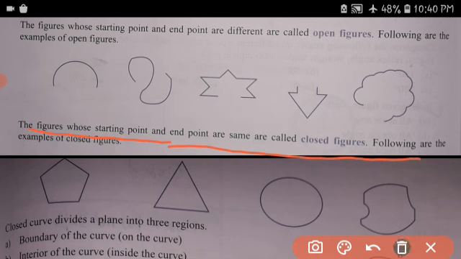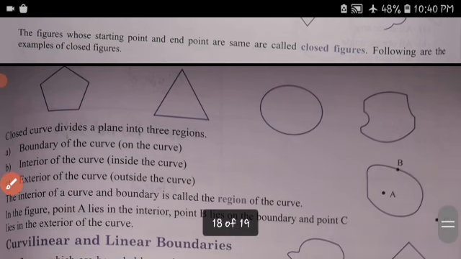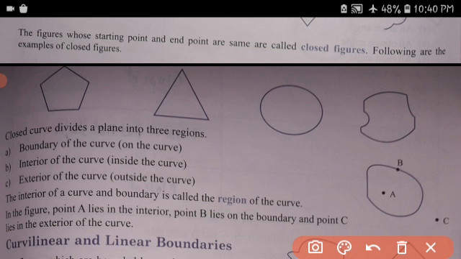Following are examples. A closed curve divides a plane into three regions: the boundary of the curve, the interior of the curve, which is inside, and the exterior of the curve, which is outside the curve.